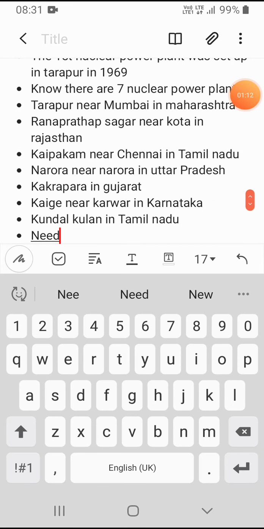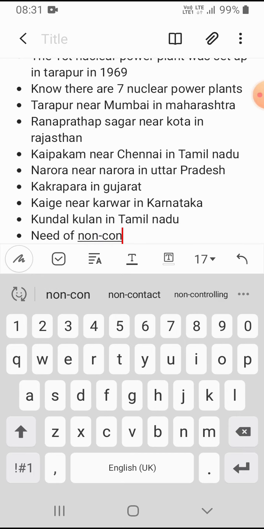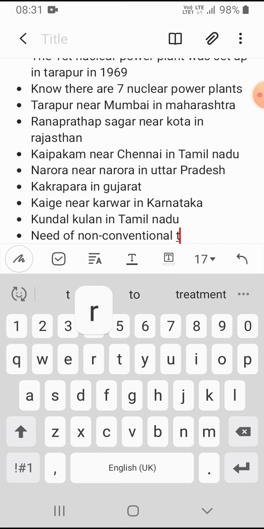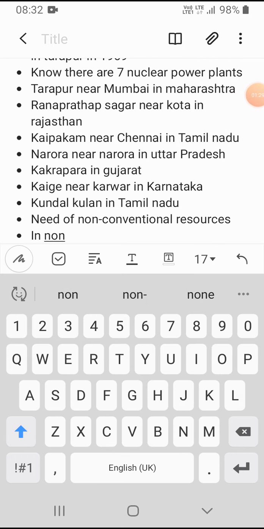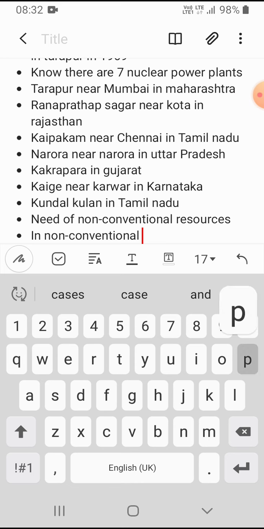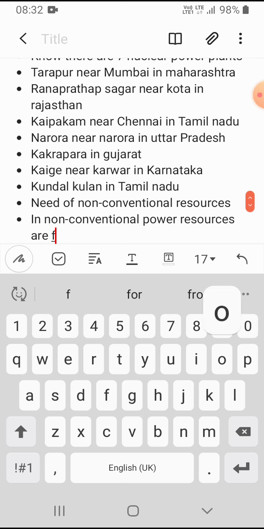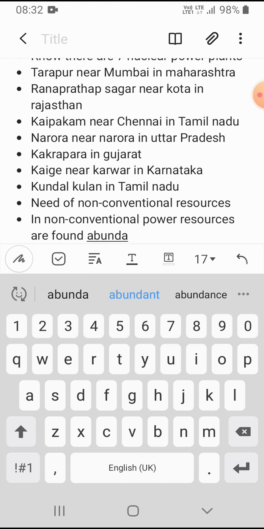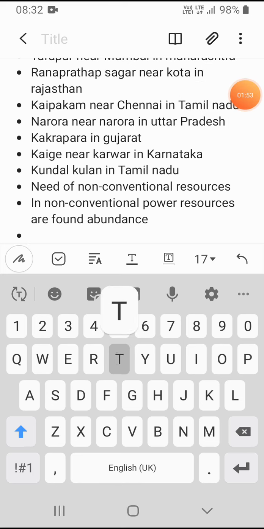The next topic is the need of non-conventional resources. Why do we need them? In India, non-conventional power resources are found in abundance, in a huge manner, and they are renewable.